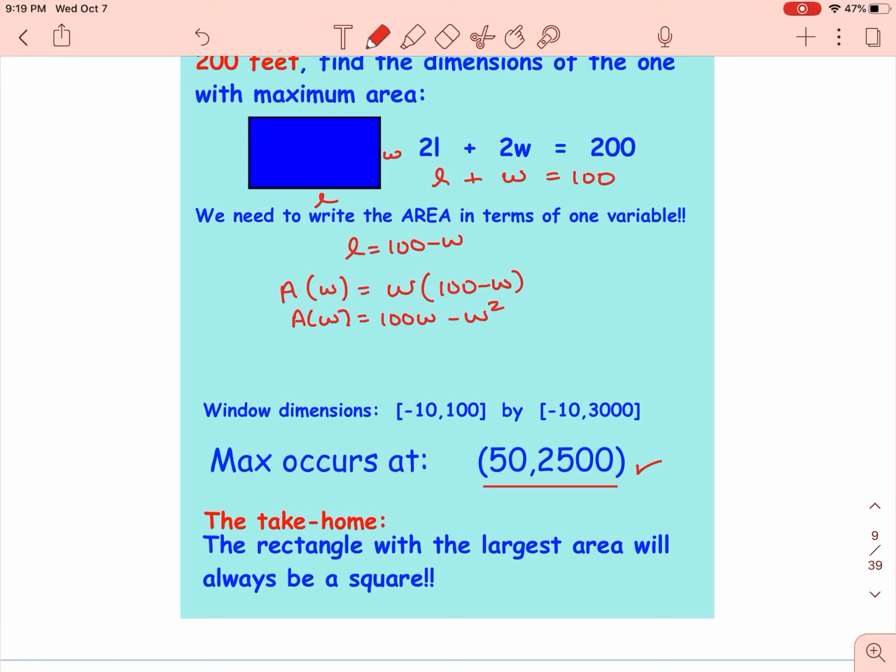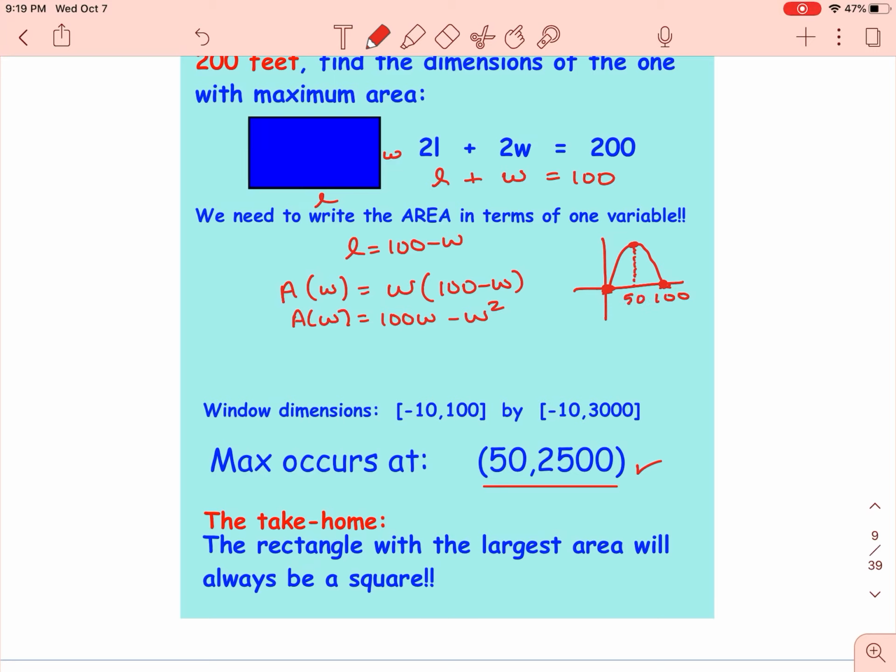Well, how could we have figured that out? The easiest way, you don't even need a calculator. This is a parabola that opens down, so it's going to look like that. We also know it's going to have a 0 at 0, and the other 0 is going to be at 100, and the vertex is always halfway between those points at the same height, so the vertex is going to be at 50.